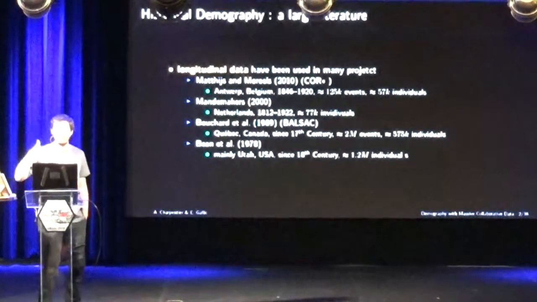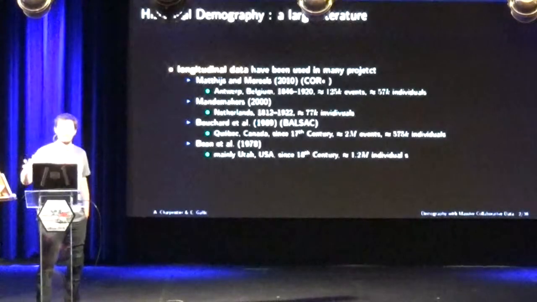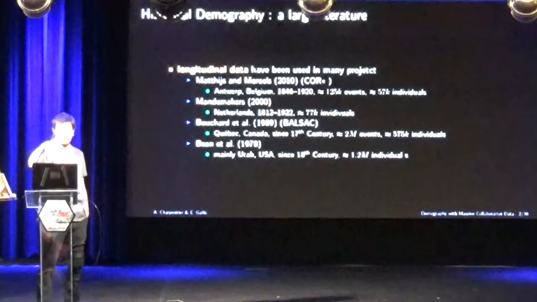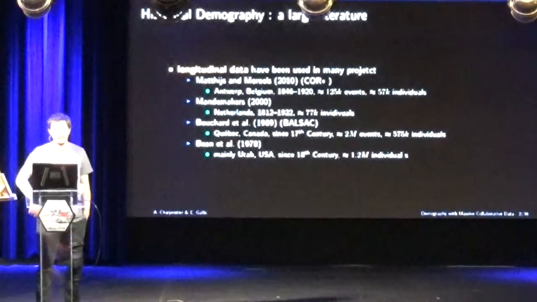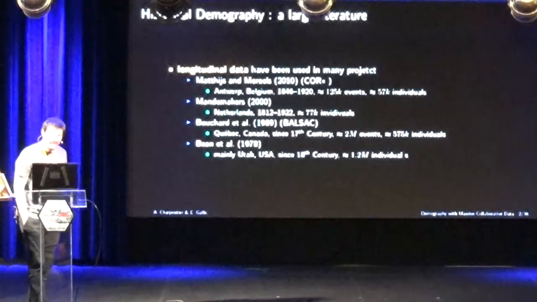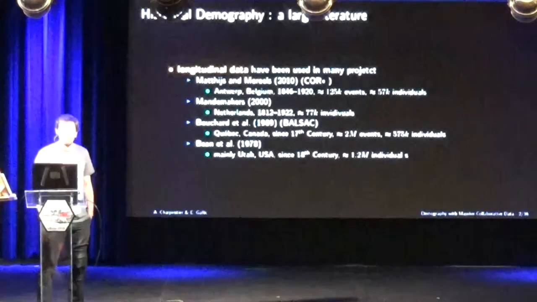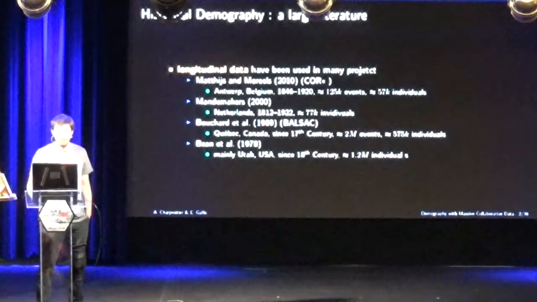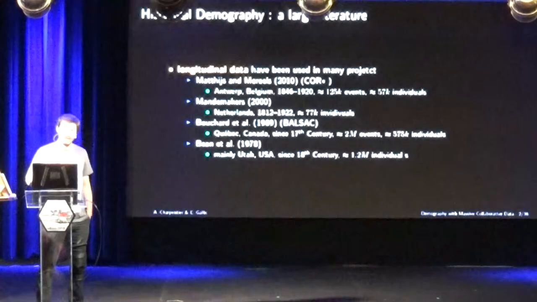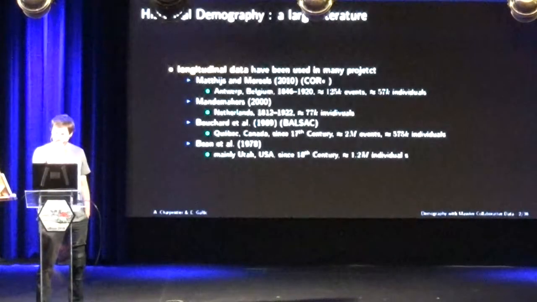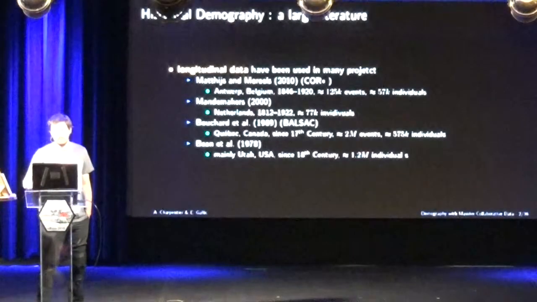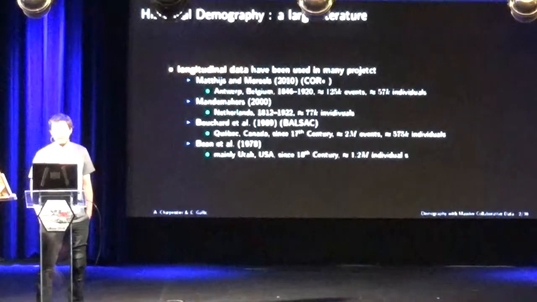Okay, so we're going to talk about historical demography. So I'm not going to tell you about your life expectancy. I'm going to tell you about your grandparents. Okay, so we're going to get back in history, and there was some work by people really working on that topic: demographers, genealogists, historians. There were a lot of studies that tried to get information from very old data, right?